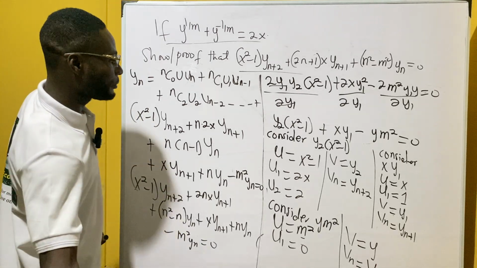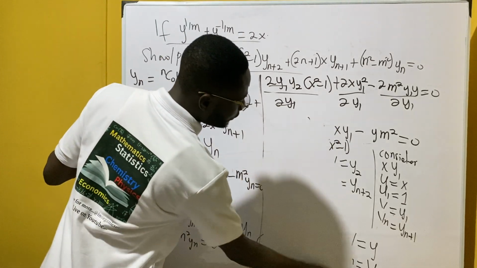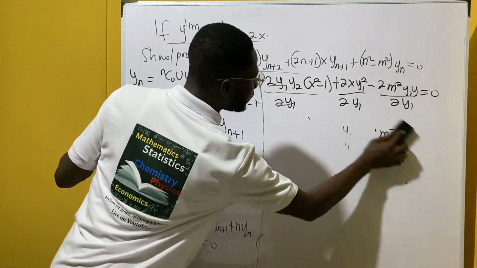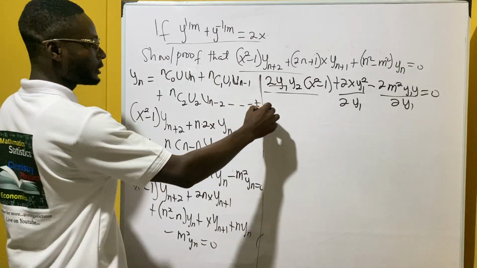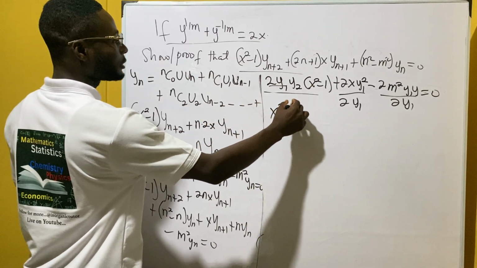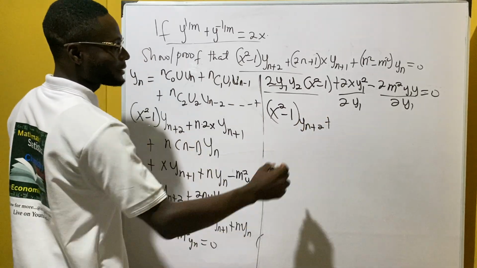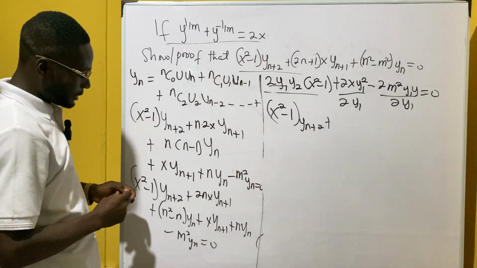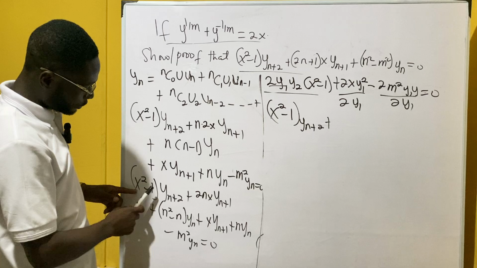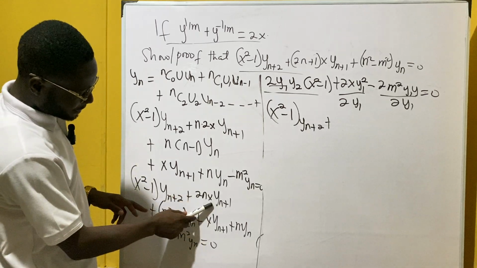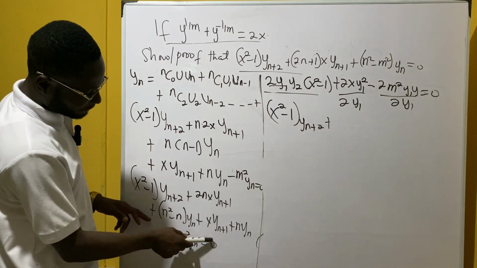Now let's go up here. So when we go up there, we can say that x squared minus 1 yn plus 2 plus, you know, this and this have common terms, so we factor the x out.